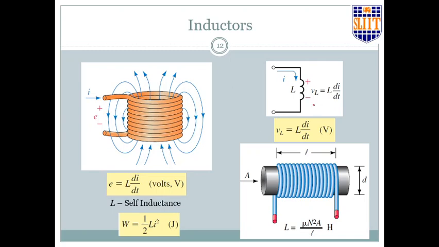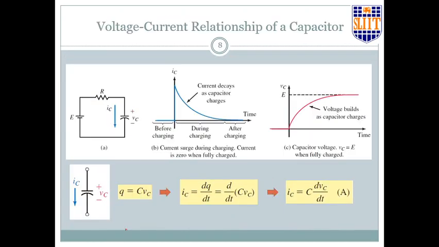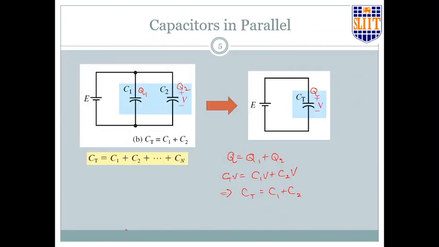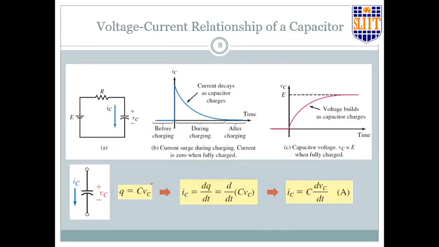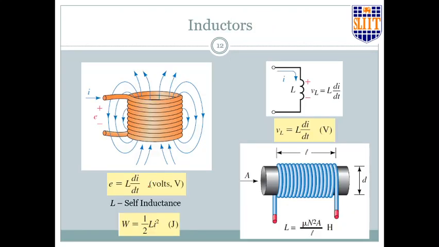V is equal to L dI by dt. That is actually from the scientific laws that you have there. One more thing I think I have forgotten to mention in here: the energy stored in the capacitor is half CV squared, and for the inductor it is half L i squared.